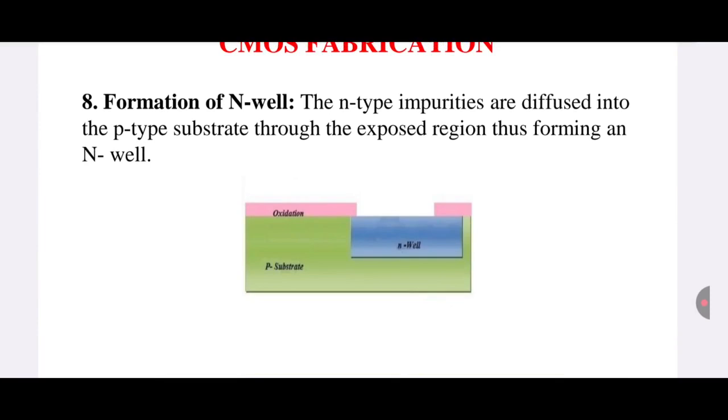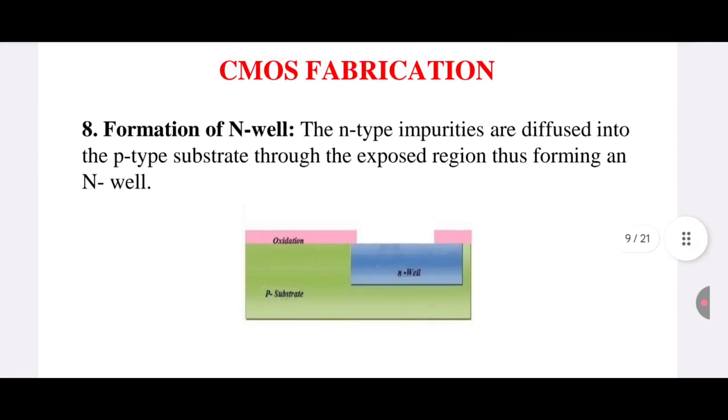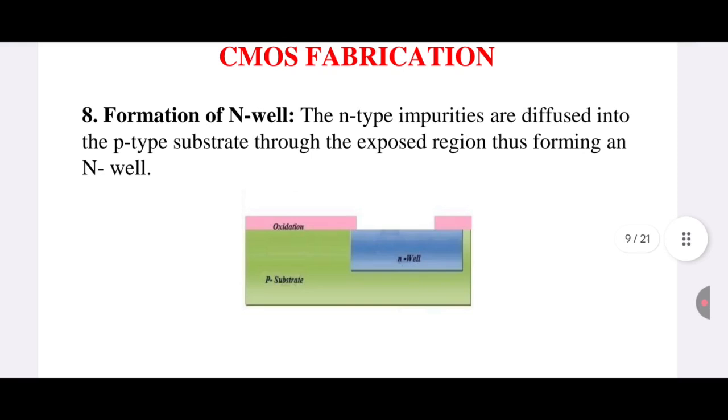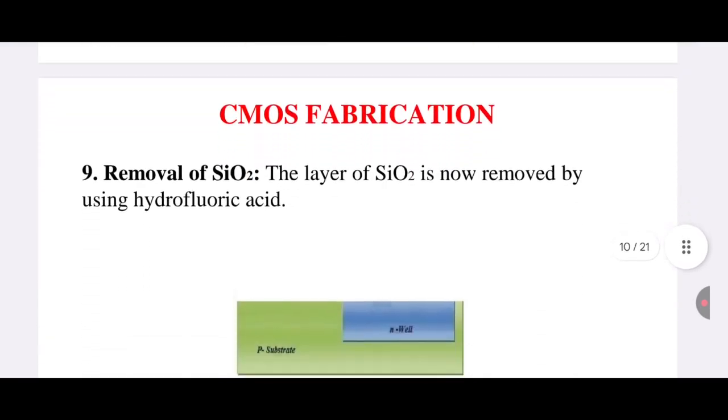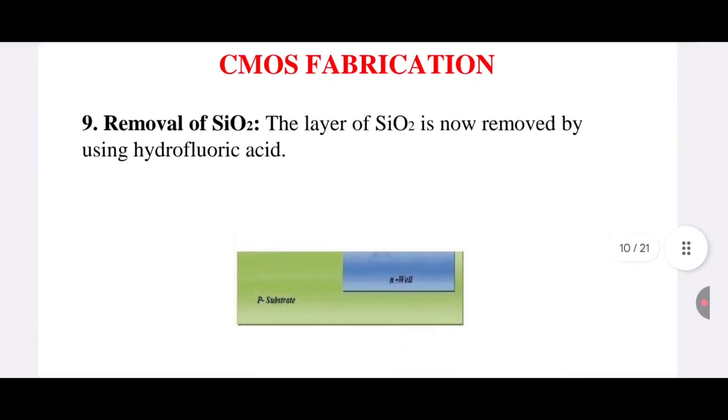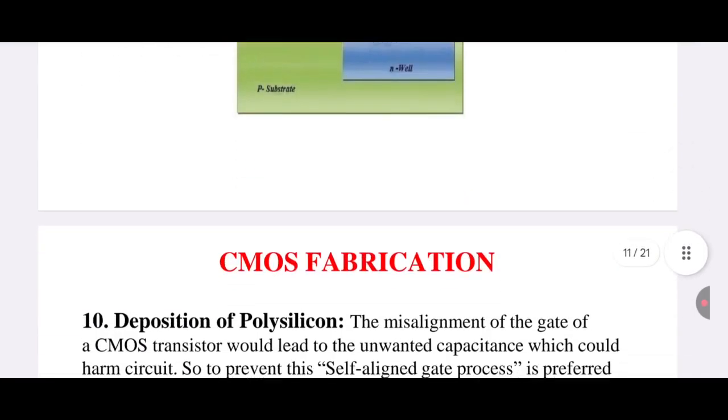This is done by heating the substrate at higher temperatures and then N-type impurities are introduced inside the substrate. Here you can see the formation of the N-well. Inside the N-well we are going to create the P-type device. And after that the leftover silicon dioxide is again removed with the help of a chemical known as hydrofluoric acid.